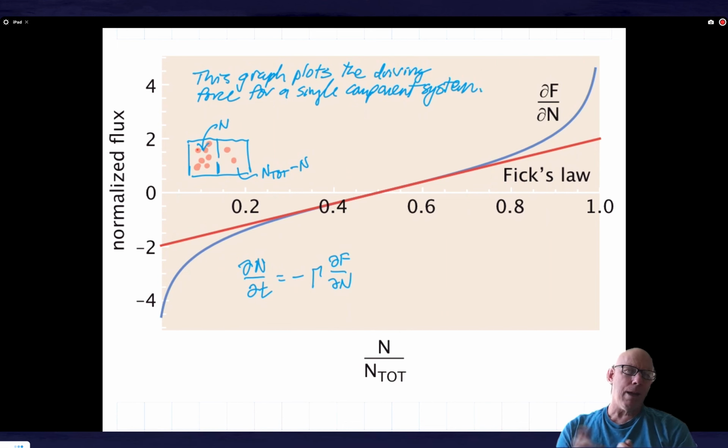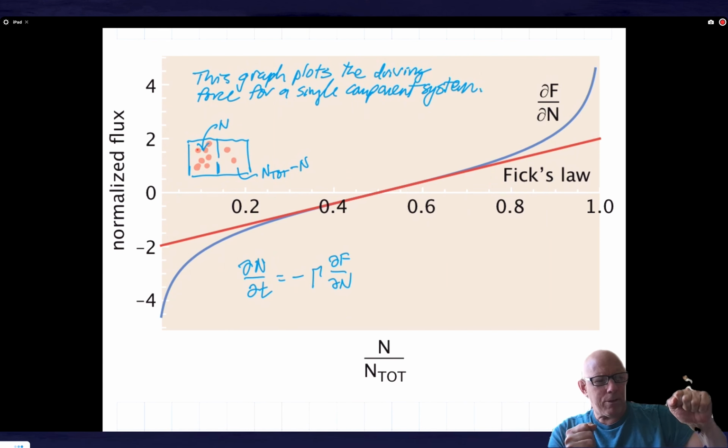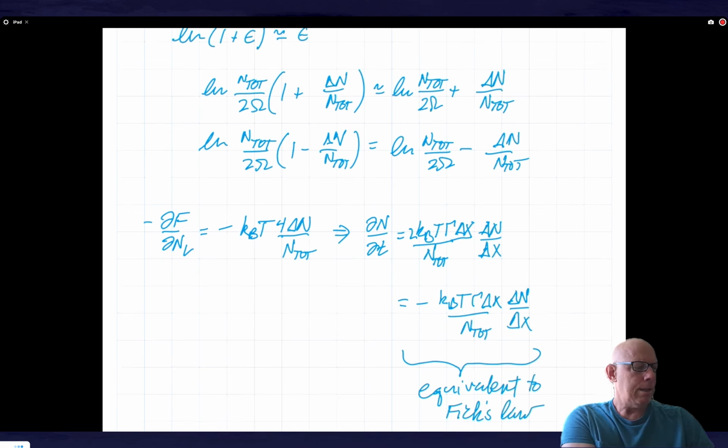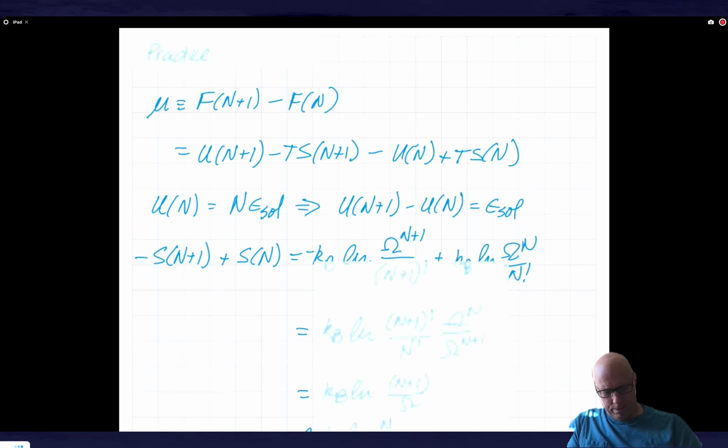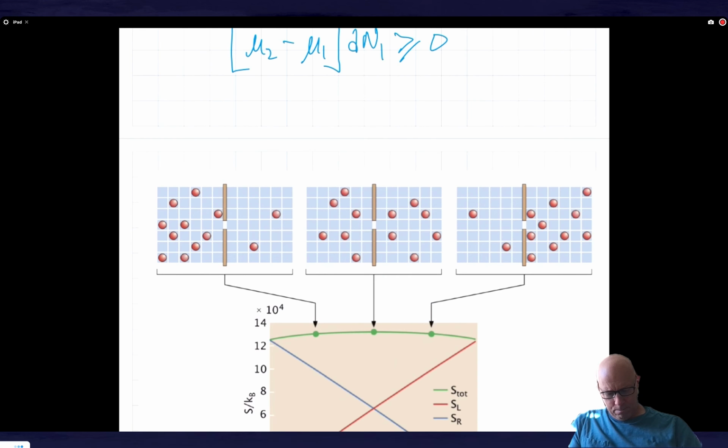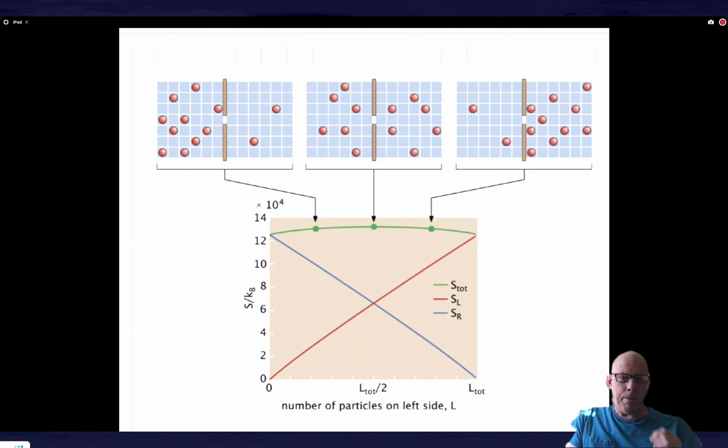What do I mean by that? You have a free energy which depends on some parameters, and if you choose those parameters such that the system is not in equilibrium, you still can compute the free energy. We did this already. So basically, this is a free energy curve. The green curve is a free energy curve.